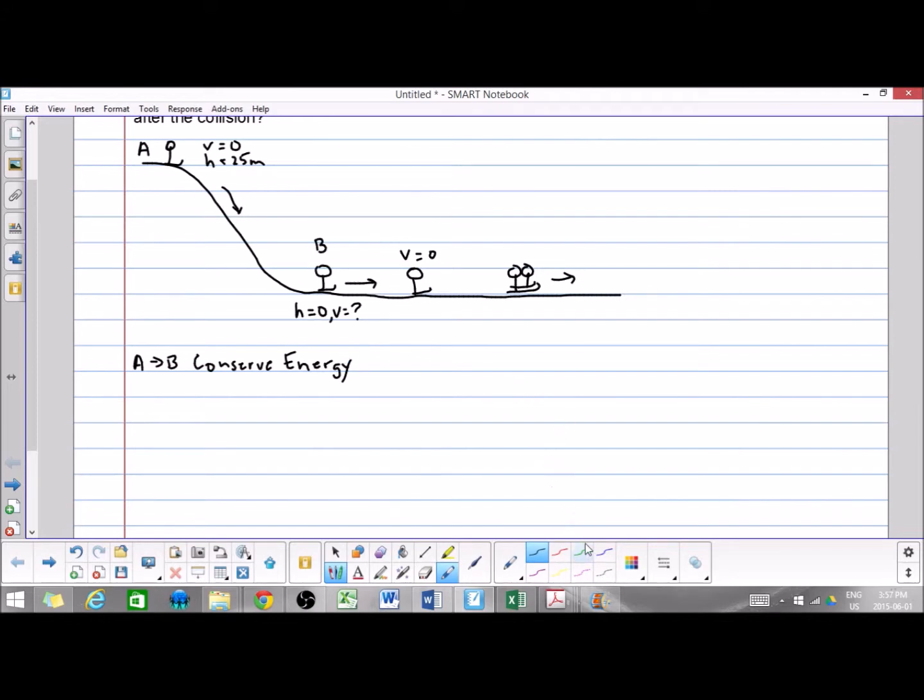This means, of course, we need our LOL diagrams. So our system consists of the skier and the earth.